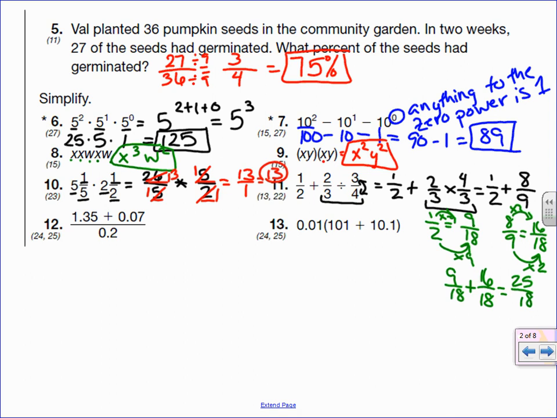Which then leaves us with 18/18 and 7/18. So 1 and 7/18. So this is all for number 11.